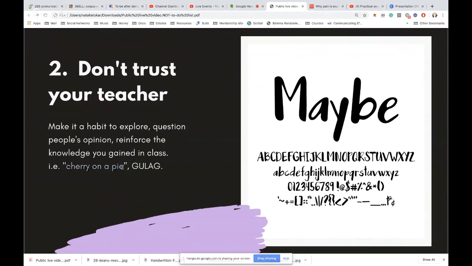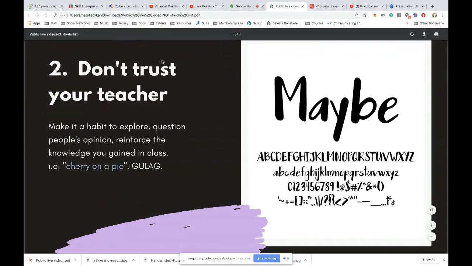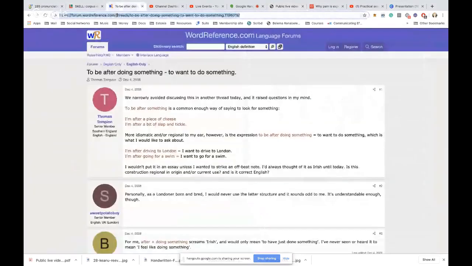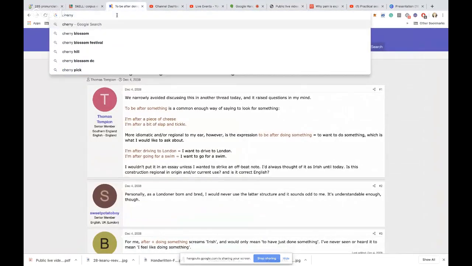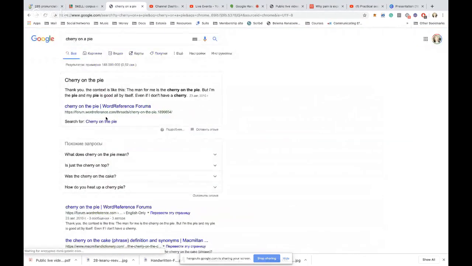Some person wrote cherry on a pie. Is it a cherry on a pie, or cherry on a pie? I immediately see that the articles are missing and there are wrong articles here, because it's an idiomatic expression. If we go to Google and search for our idea exactly the way we think it, cherry on a pie, we see that it's the cherry on the pie.